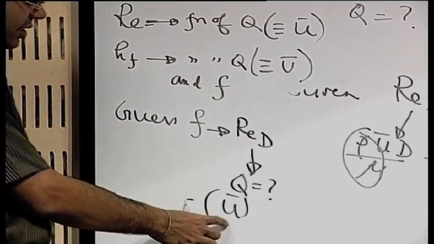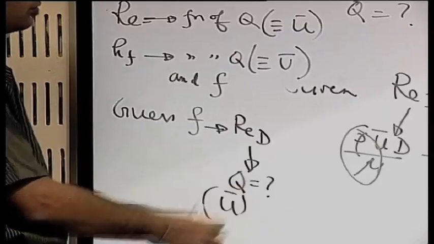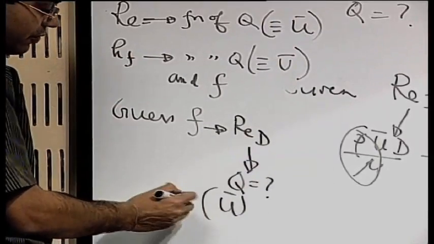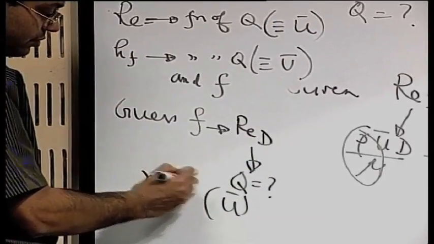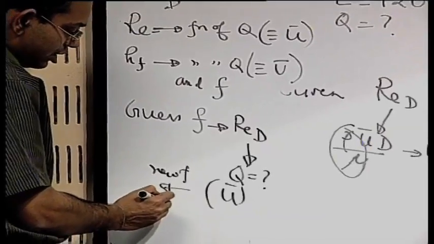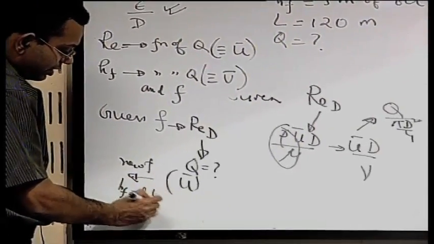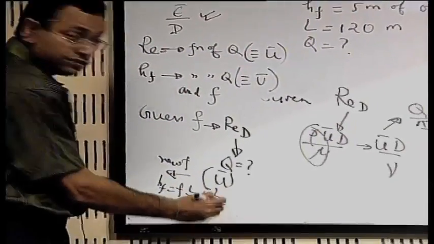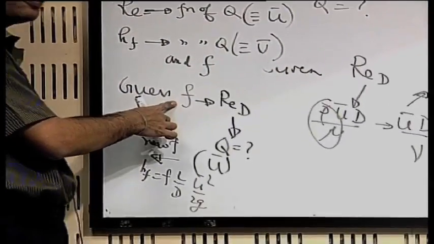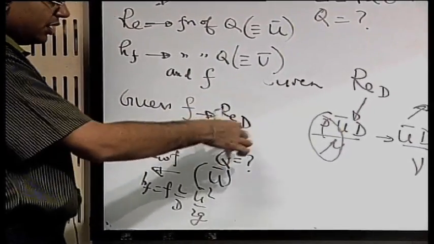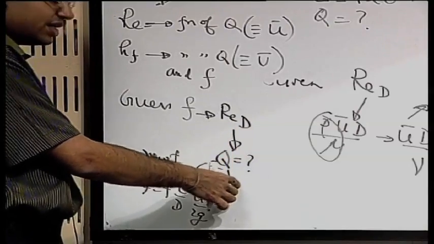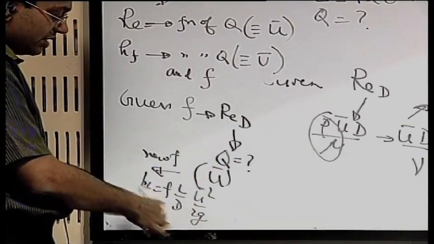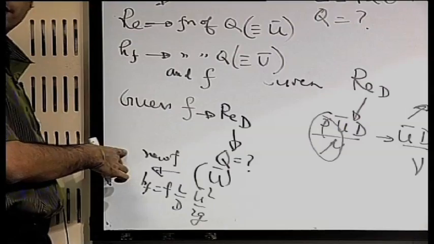So you have hf, so from this you can find out a new f, from what hf is equal to f L by d into u average square by 2g, right. So you started with a guess f, that has a Reynolds number, that Reynolds number gives a q or u average, from that using the known head loss you can calculate a new f.